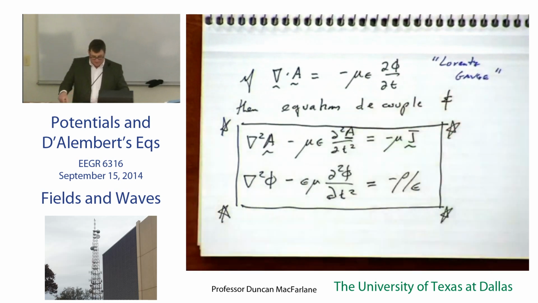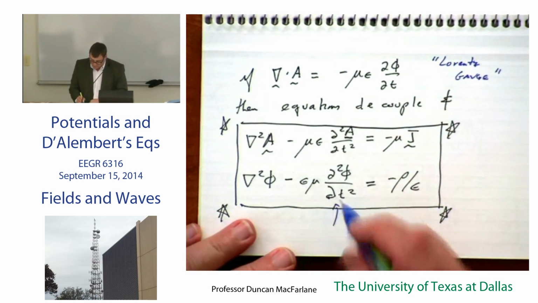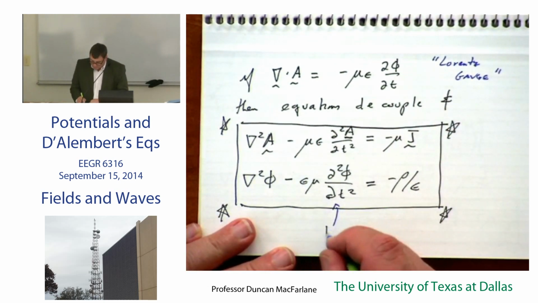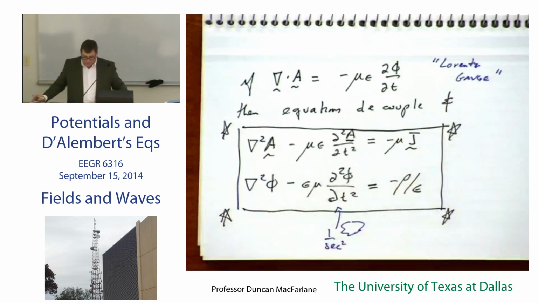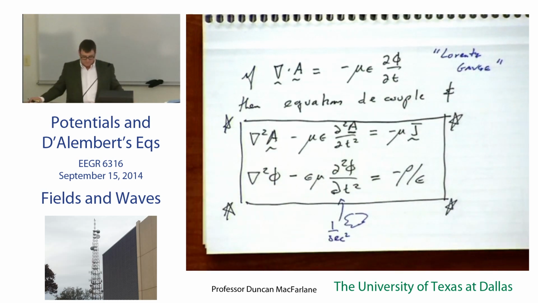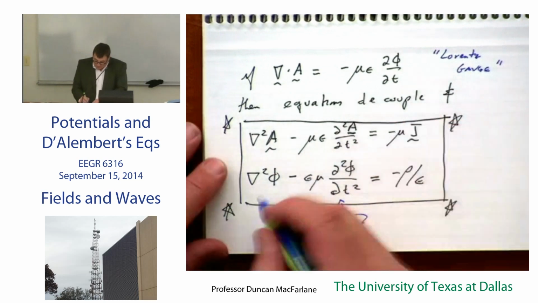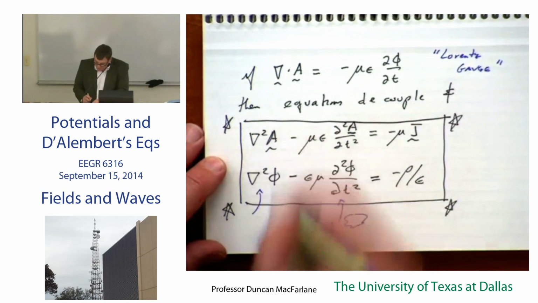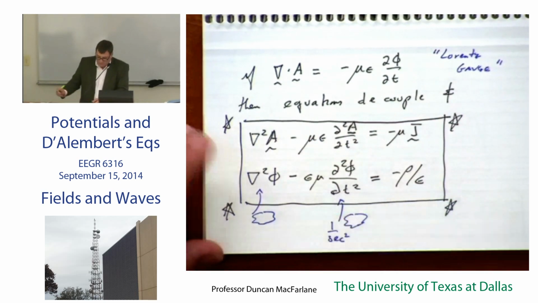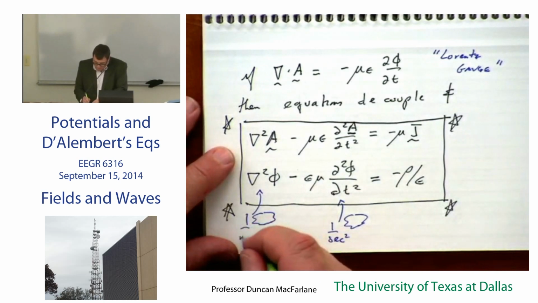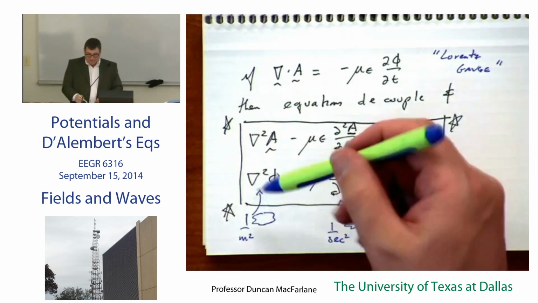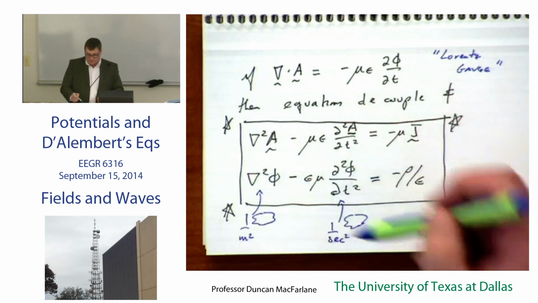So this guy here is whatever the units of phi or A is per second squared. This guy here is whatever the units of phi or A is divided by what? And I've got to add this guy here to this term here.